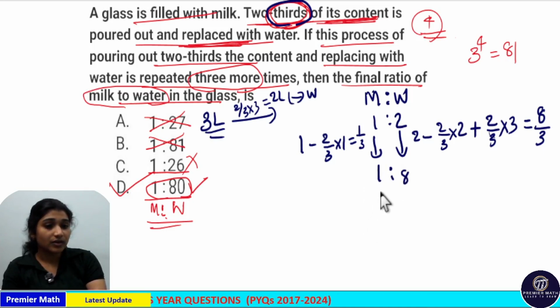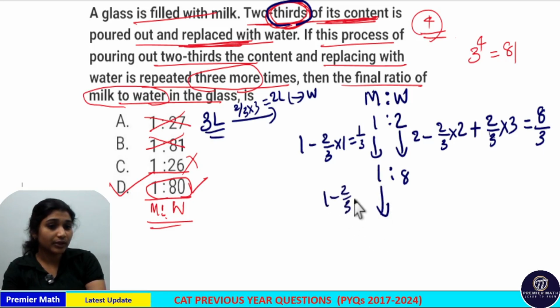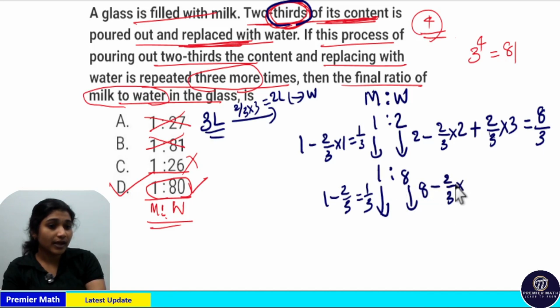Again, you are taking out 2 by third of 1, so the milk left is 1 minus 2 by third, which is 1 by 3. And from here, from this 8, you are taking out 2 by third of 8 and you are adding 2 by third of total quantity of mixture, which is 9.